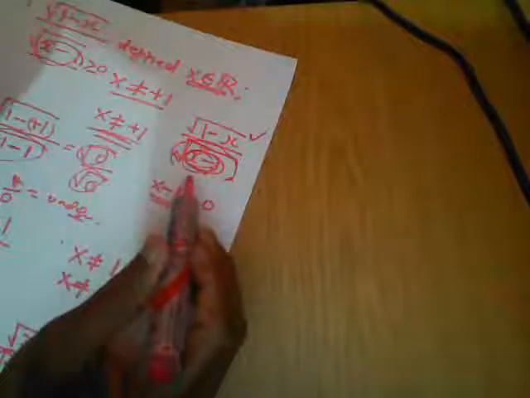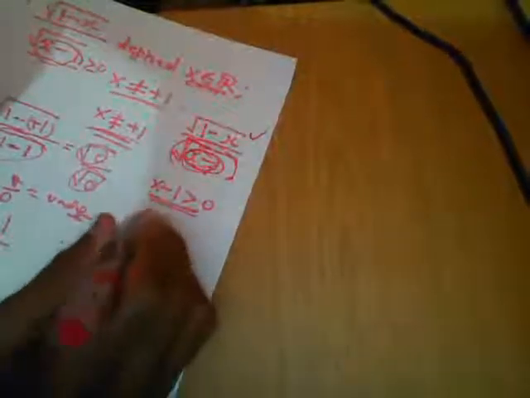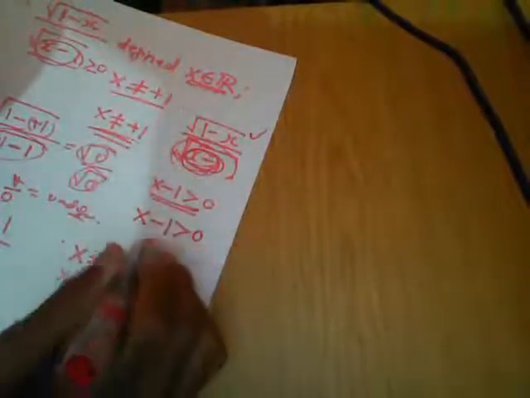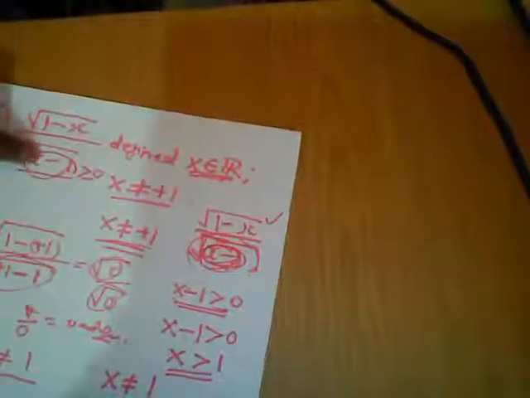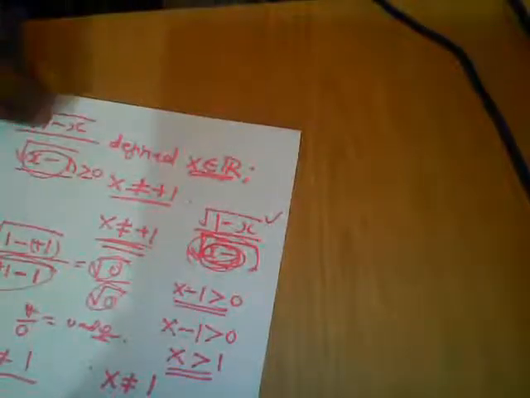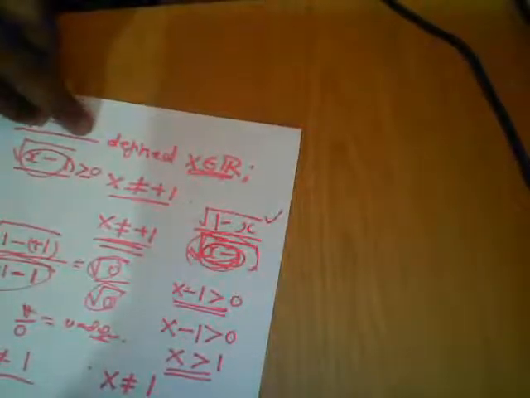But if it's 0 here, then it's a problem. So for this function to be defined, whatever is in this root must be greater than 0, so x is greater than 1. If you take any number greater than 1, it's going to work here. For example, 1 minus 2 equals -1.